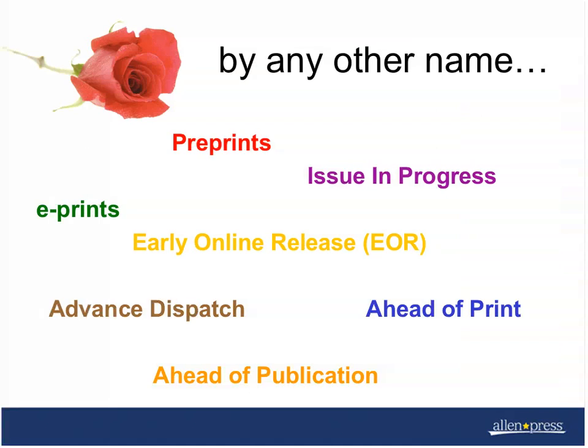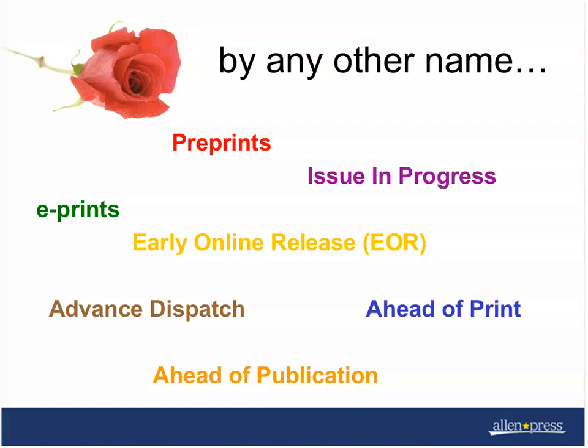Many different terms are used to refer to preprints. All of them refer to an article that is published online as soon as it reaches a publication-defined stage. I strongly recommend using one term across your entire organization whenever possible.